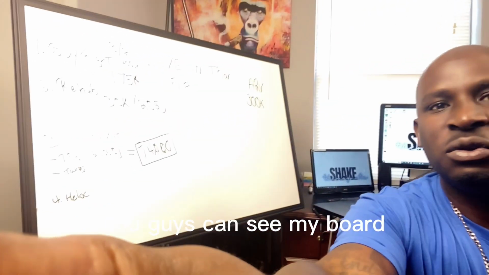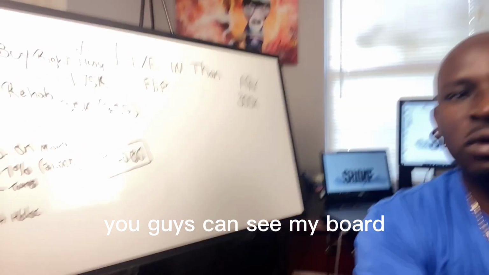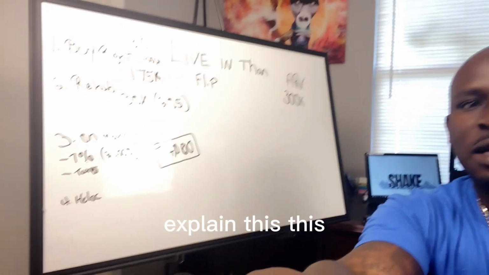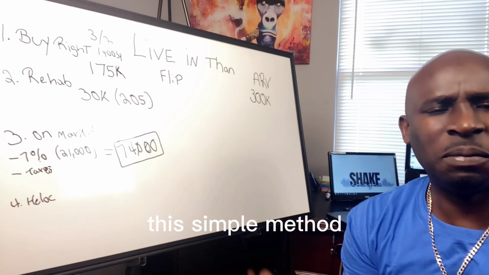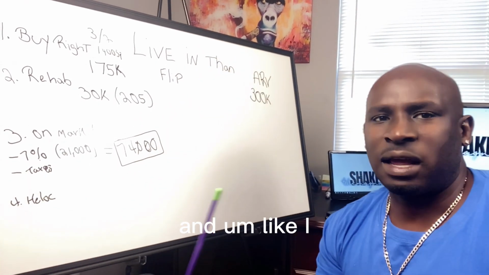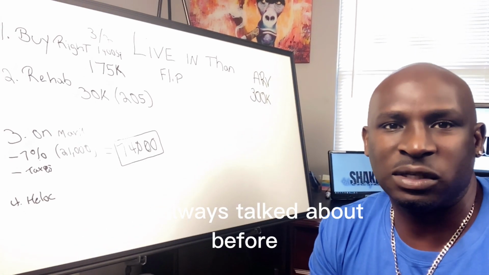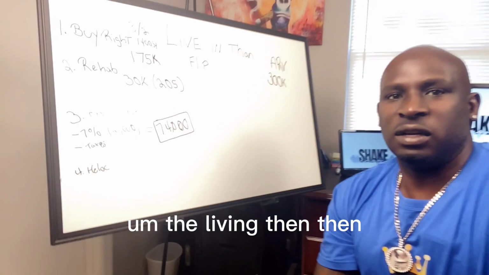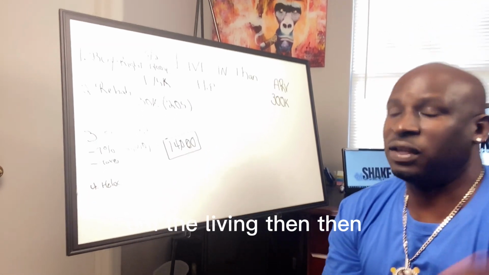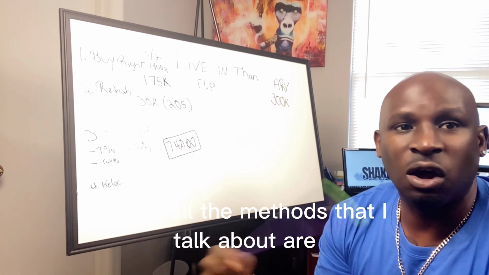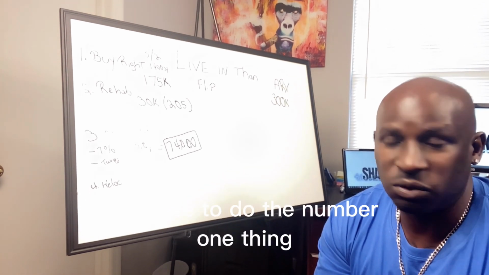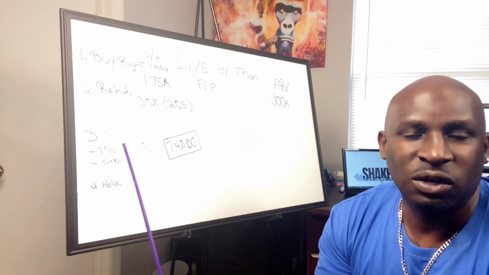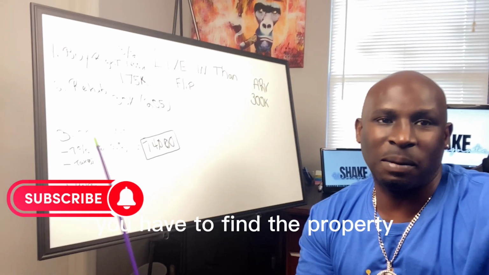Hopefully you guys can see my board, so I can explain this simple method. Like I've said before, and you can go to some of those other videos, mostly all the methods that I talk about, the number one thing you have to do is find the property.